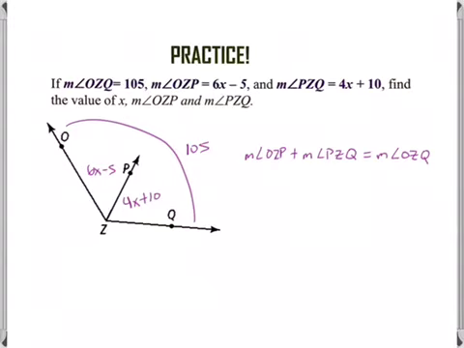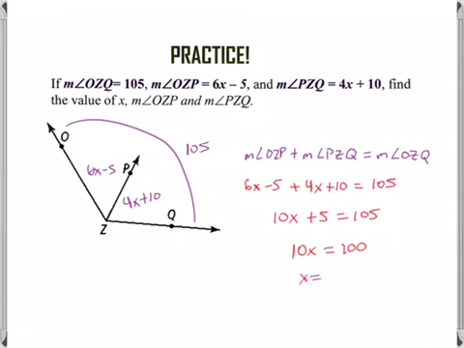Well, that means I've got 6x minus 5 plus 4x plus 10 equals 105. Combine like terms, you'll get 10x plus 5 equals 105. You want to subtract 5 from both sides, so you've got 10x equals 100. And so x in this case should be 10. So there's one of our answers.